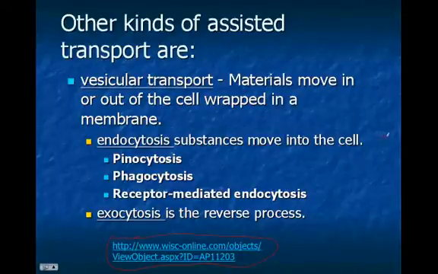Even in phagocytosis or pinocytosis, the cell will basically pinch off things like food particles or bacteria. It'll surround that food particle and eventually pinch it off into this little vesicle and release it into the cell.